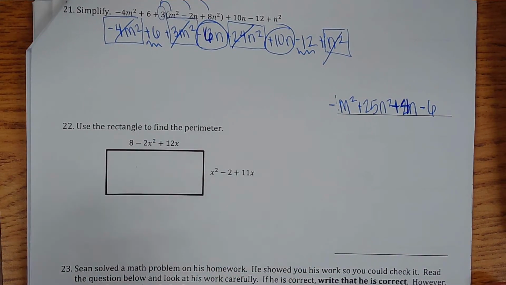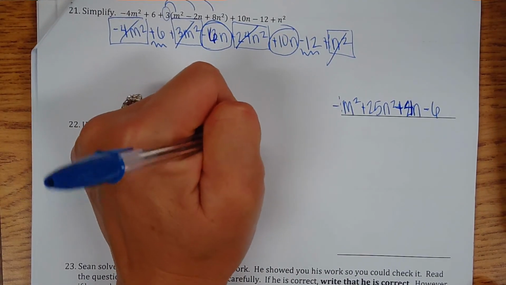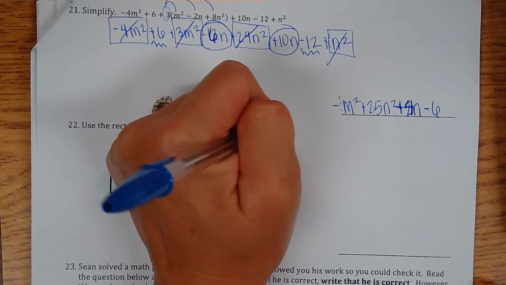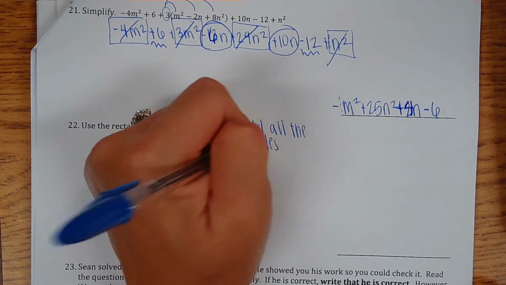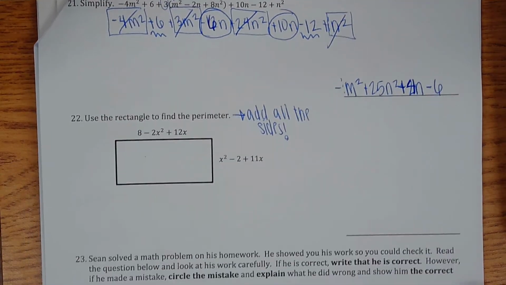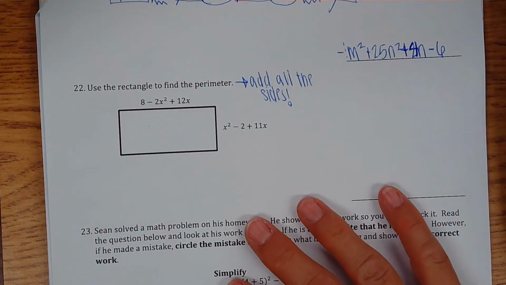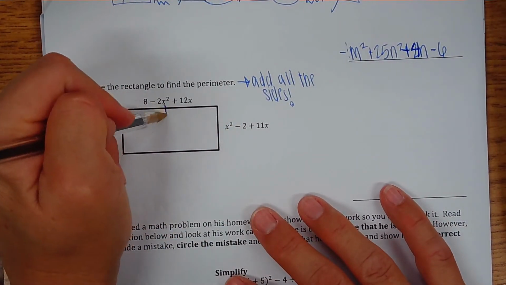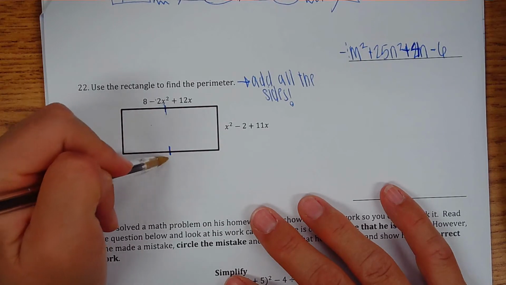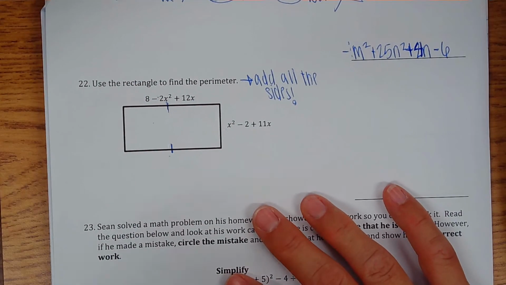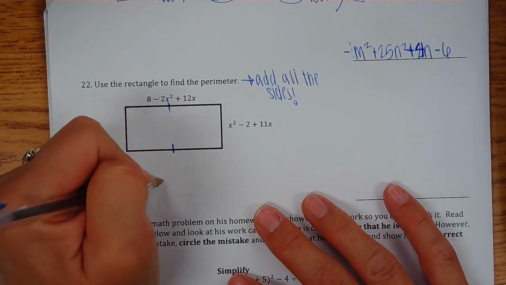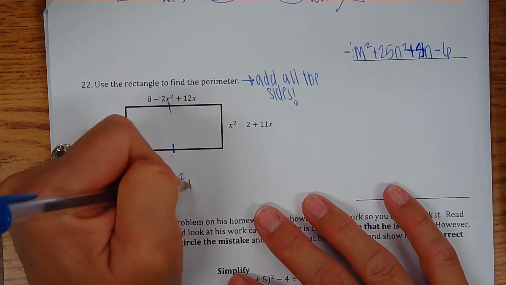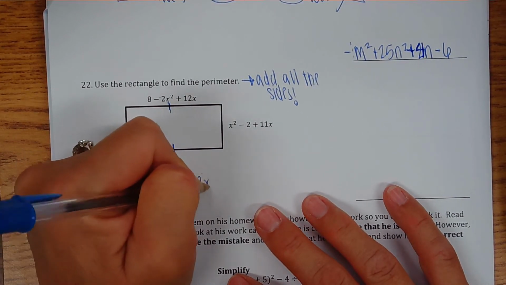Last one. Use the rectangle to find the perimeter. That means we add all the sides. So you can do it one of two ways. The sides opposite each other, this side and this side, they're the same. So what you can do is 2 times 8 minus 2x squared plus 12x.